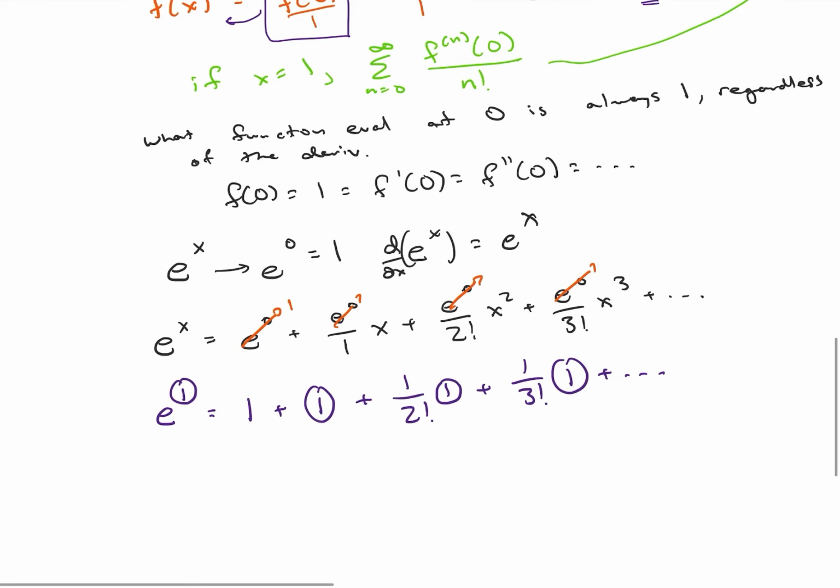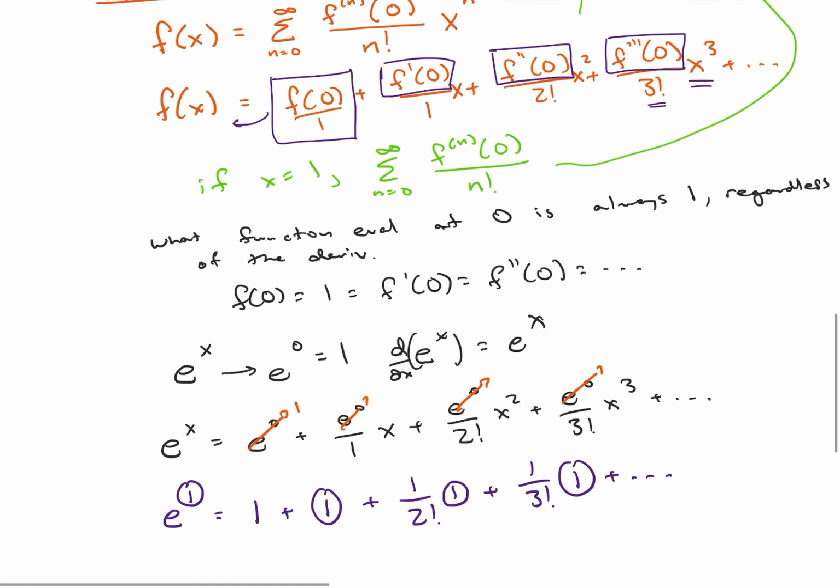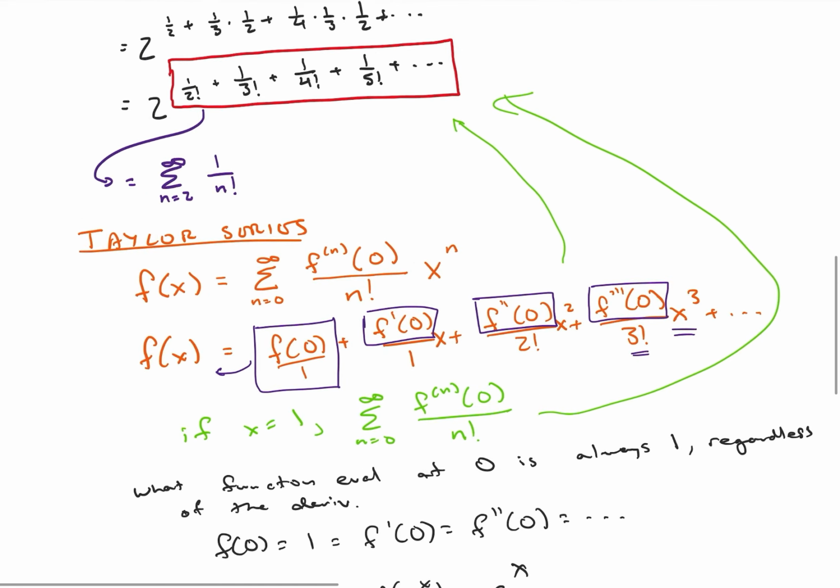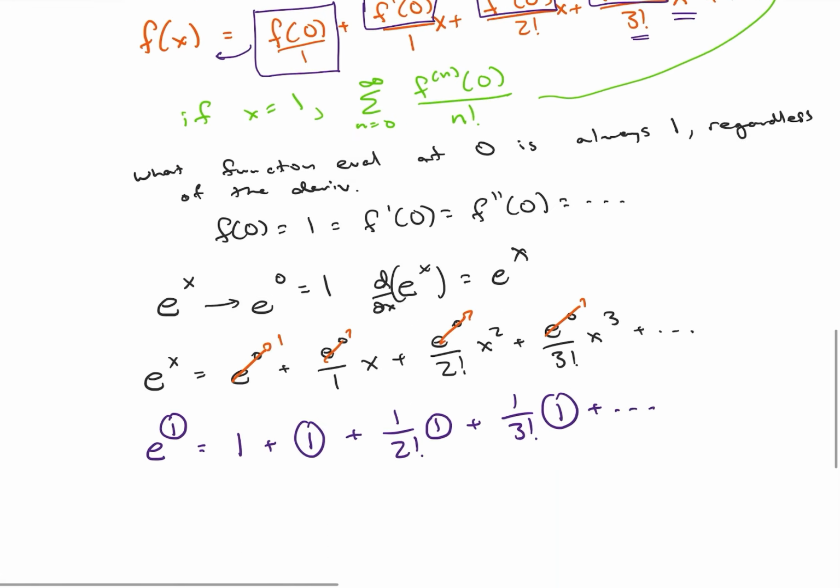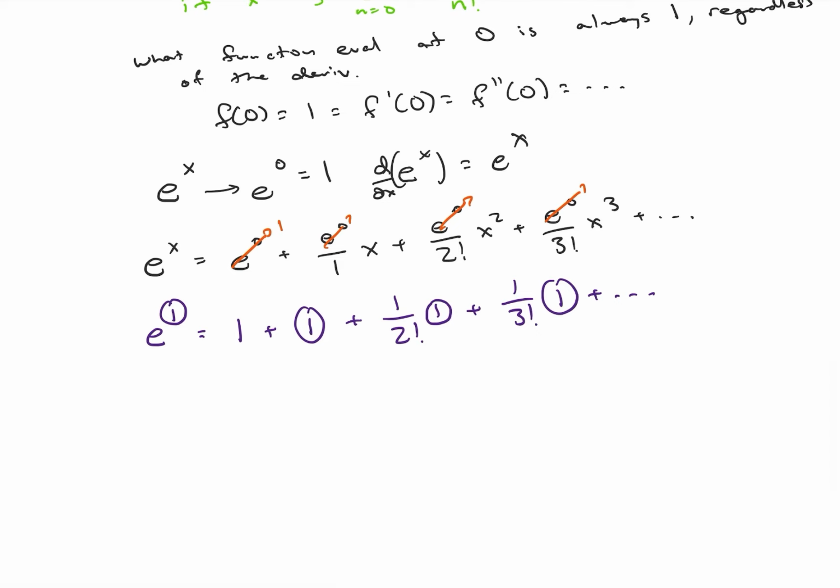And what we notice now is that I have almost what I started with up here. Remember, I have this sum of just the factorials. So what we have now is e to the 1 is equal to 2 plus, and then the thing I was looking for, 1 over 2 factorial plus 1 over 3 factorial plus 1 over 4 factorial, and so on.